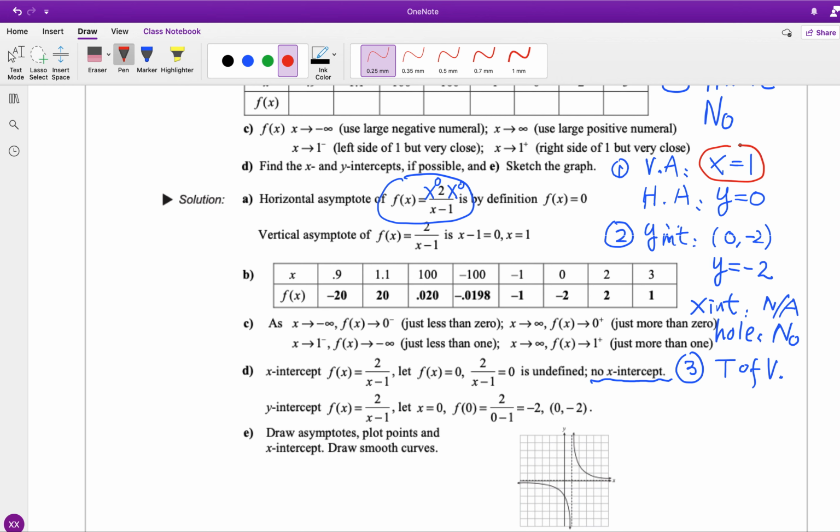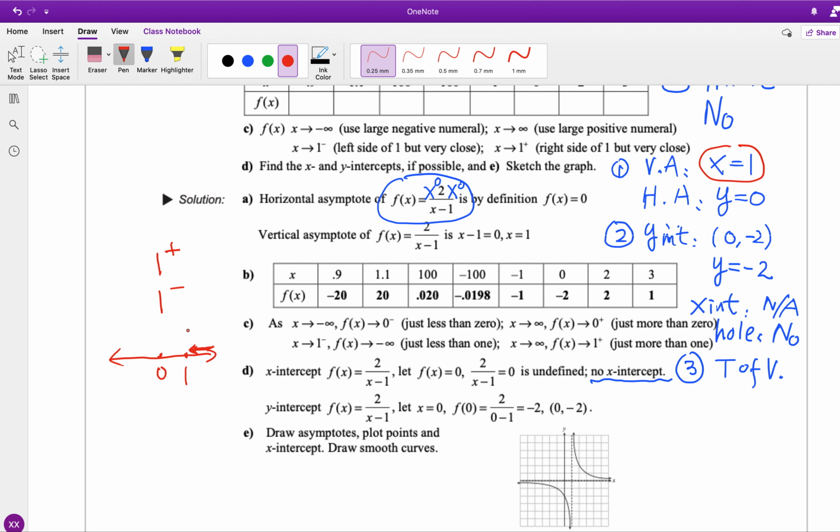So in this case, we want to choose a value that is either 1 positive or 1 negative. What does that mean? It means 1 positive is a value that's larger than 1. If you have a number line here, this is 0 and this is 1, you want to choose a value very close to 1 from the positive side, meaning larger than 1.